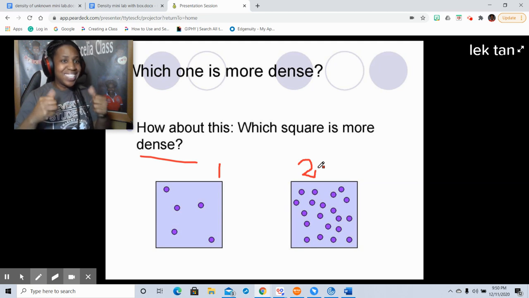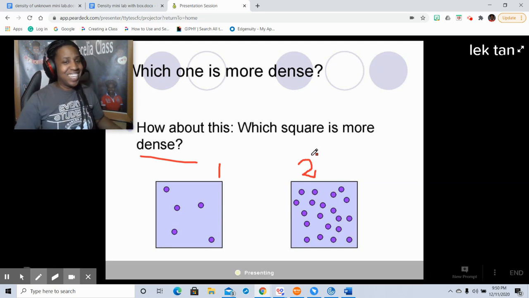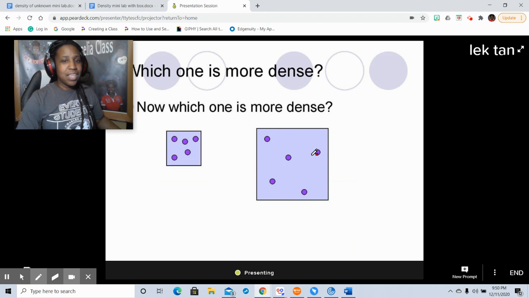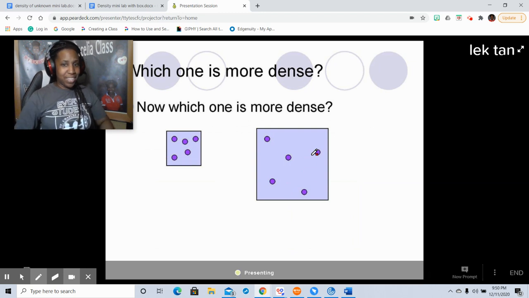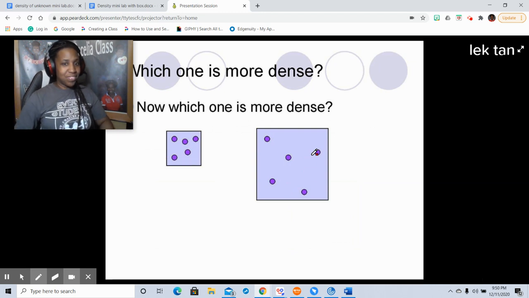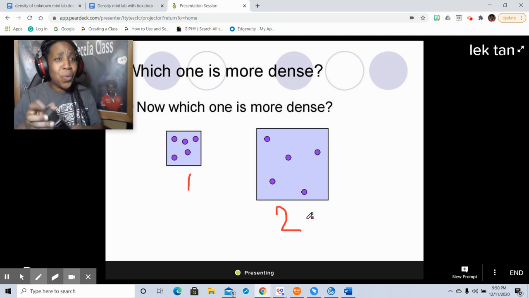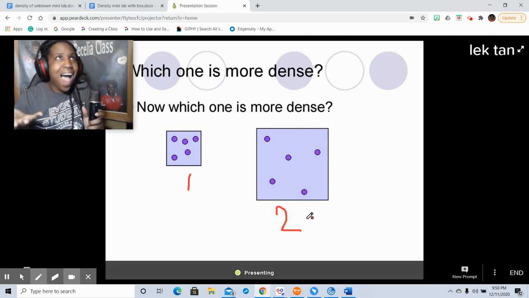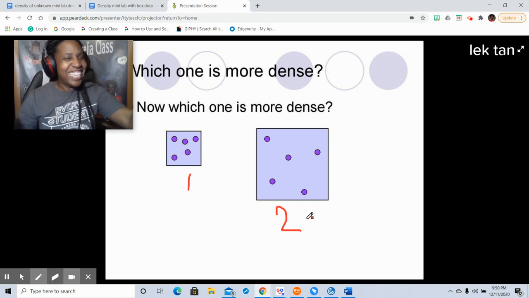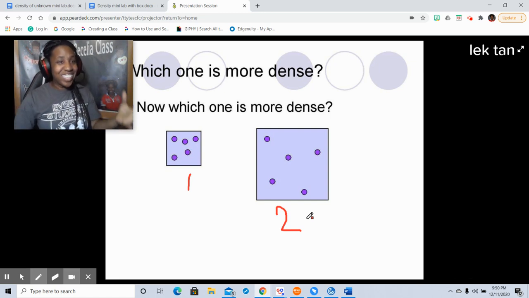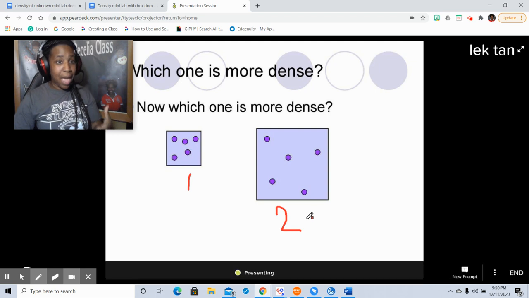More particles. Very good. Good job, class. Now, which one is more dense? Picture one or picture two? Yeah, very good. It was picture one. Good job. Again, we're looking at the particles because matter is made up of particles.